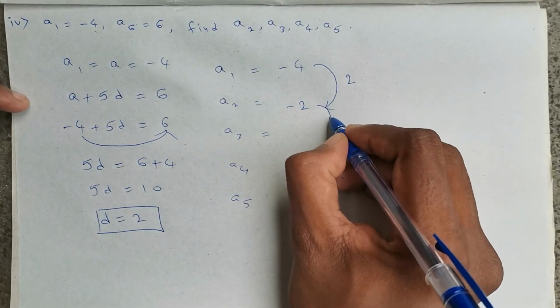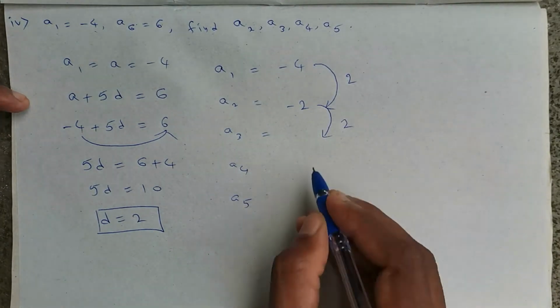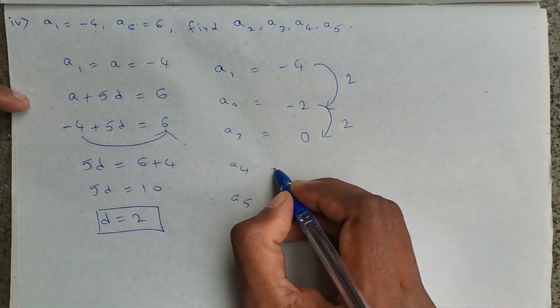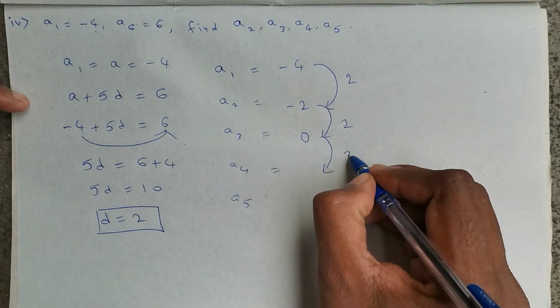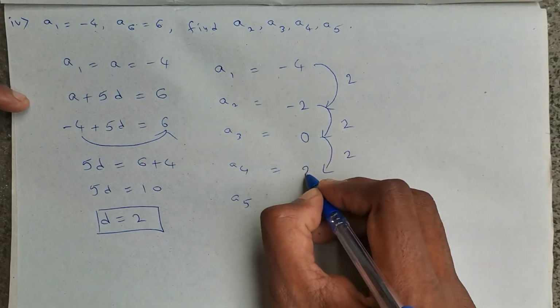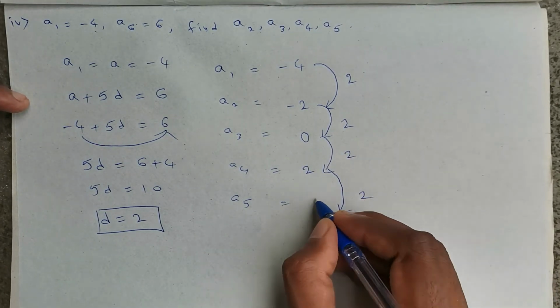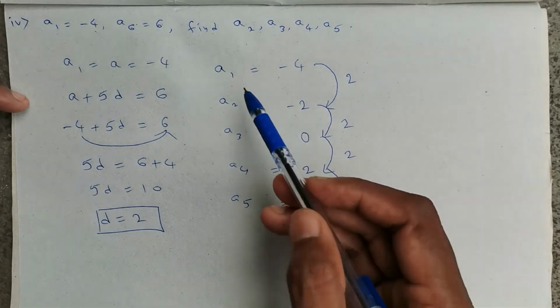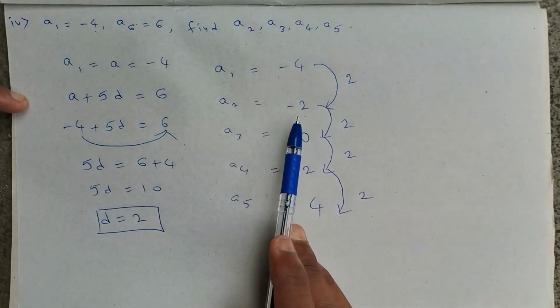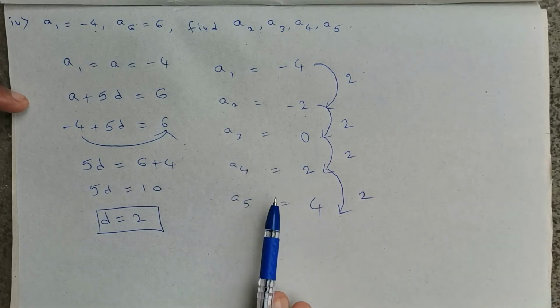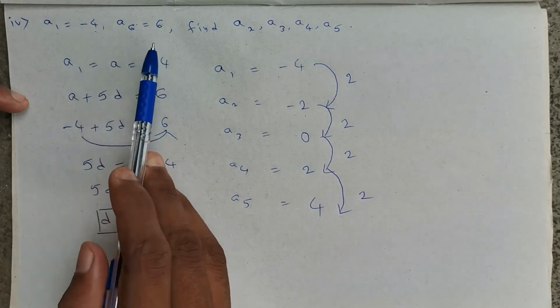Again, for this minus 2, adding the common difference 2, minus 2 plus 2 is 0. For this 0, adding common difference 2, 0 plus 2 is 2. Again for this 2, adding common difference 2, 2 plus 2 is 4. So A1 is minus 4 as given, A2 is minus 2, A3 is 0, A4 is 2, A5 is 4 and A6 is 6.